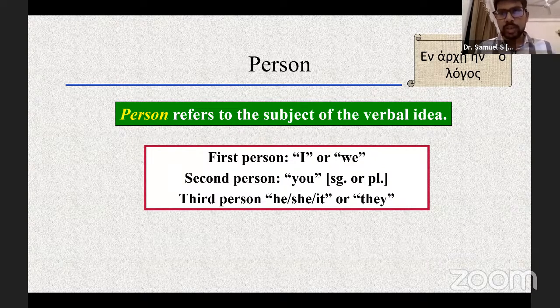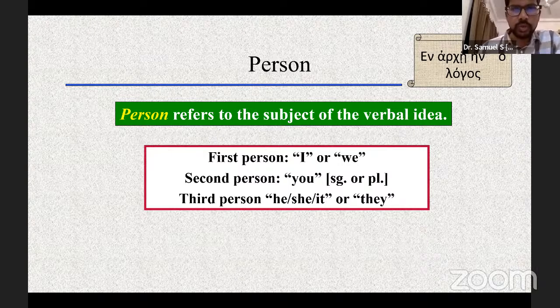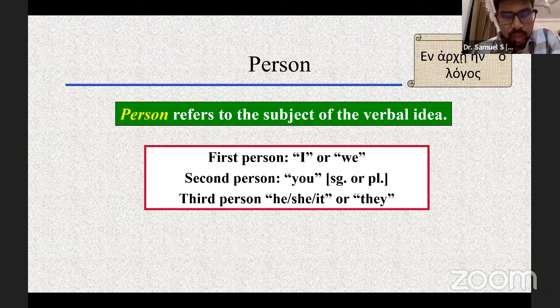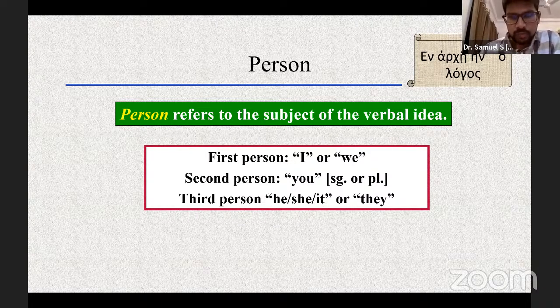So the first aspect in verbs that we need to understand is that Greek verbs capture and communicate person. Person refers to the subject of the verbal idea. Is it in first person? Is it in second person? Or is it in third person? And these are again categorized as singular or plural.